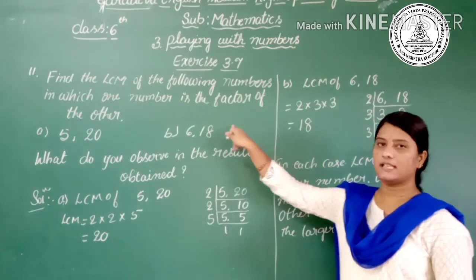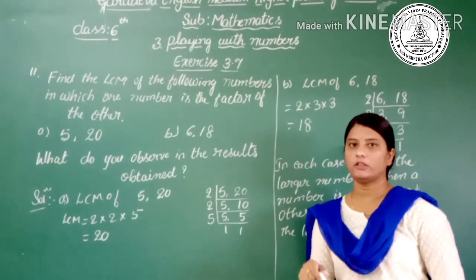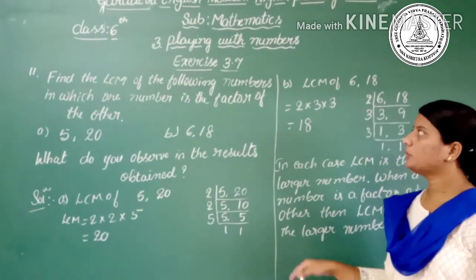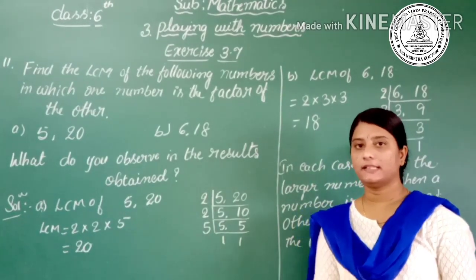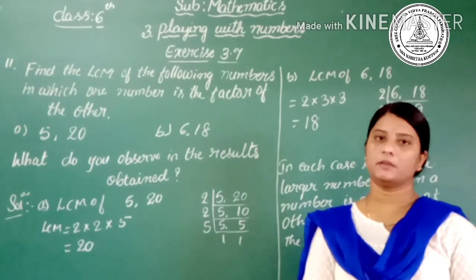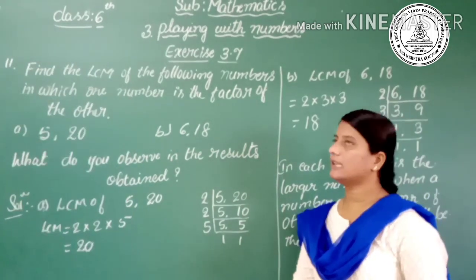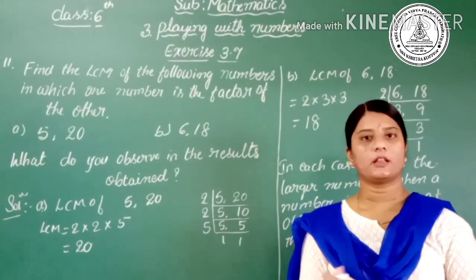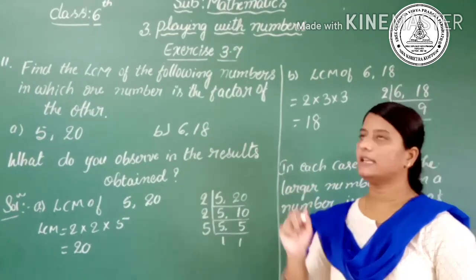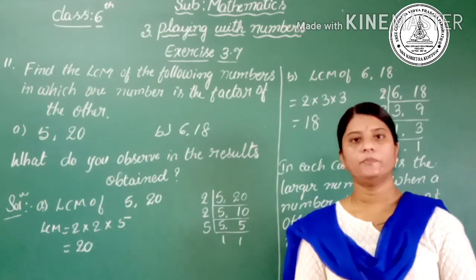So the remaining C and D products, you have to solve in the notes. Okay. So up to here we have completed the exercise 3.7 and also we have completed the lesson Playing with Numbers. So after solving all the problems of exercise 3.7, at last you have to draw a concept map of Playing with Numbers. Okay. Thank you.